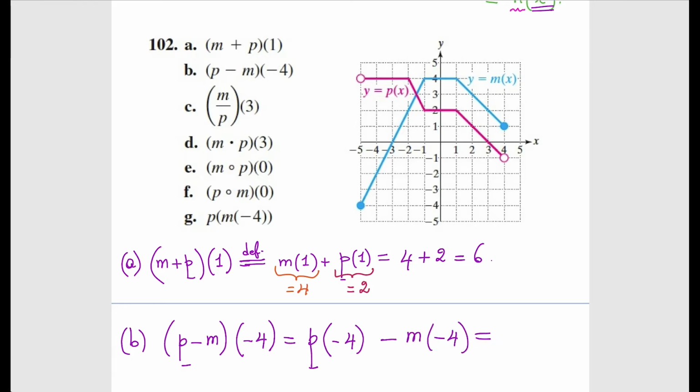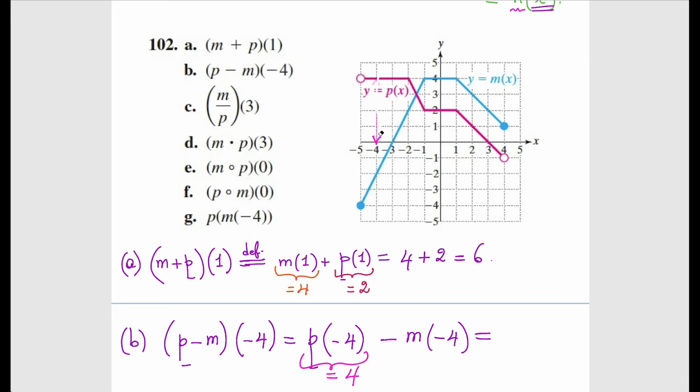And we're going to do the same thing. I want to find p of -4. So I'm going to go to the p function, the pink one, and go to input -4, and input -4 is right there. That's p of -4. And how much is that? That's 4, right?